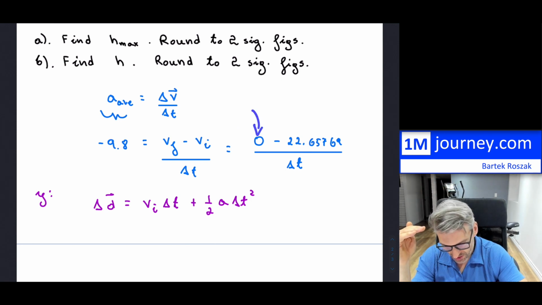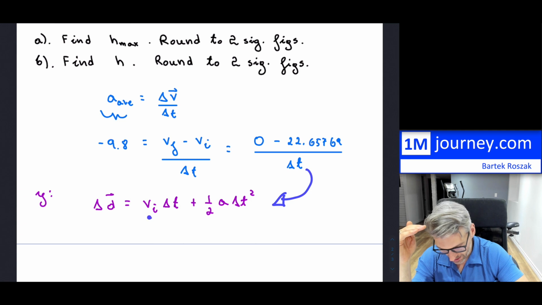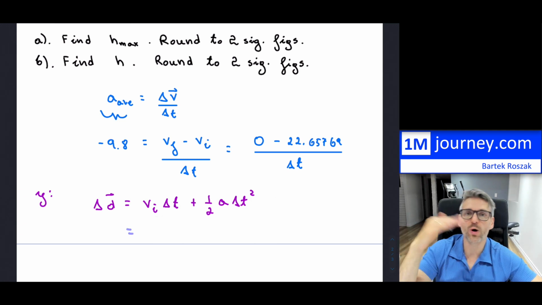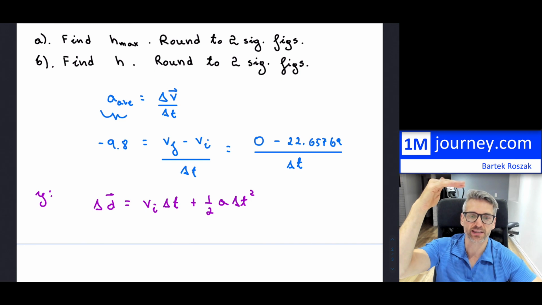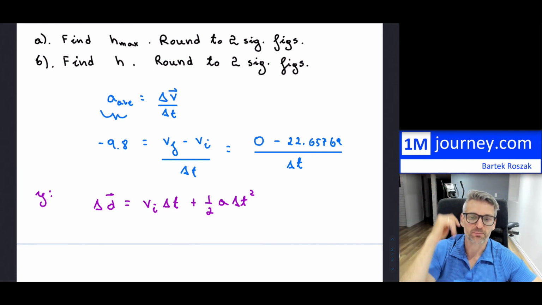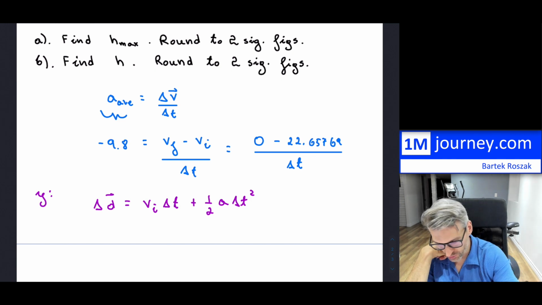That's what this is. That's why I am trying to solve this first, because once I solve for delta t, I can substitute it in here. This is just now an equation where it will tell me what that displacement is at that peak. And that's important, right? That's something that we want to be able to do.